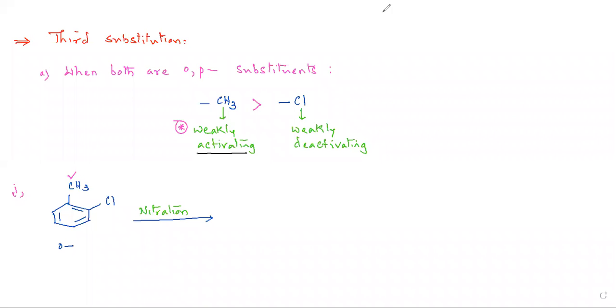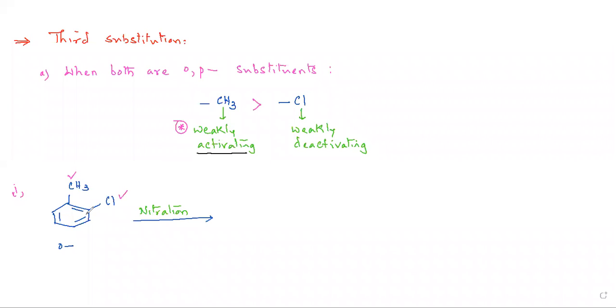So now let us check the things. We know that the methyl group is anyway ortho-para. Of course, both are ortho-para, but still the dominating group here is methyl. So let us consider the methyl group and check what all are the available areas.